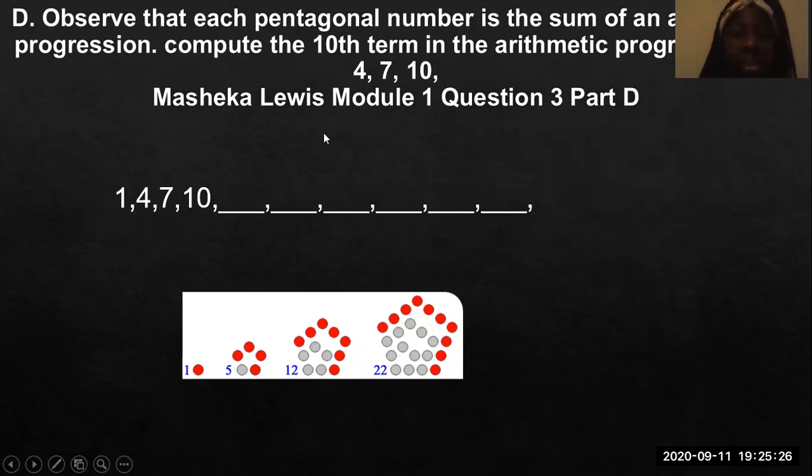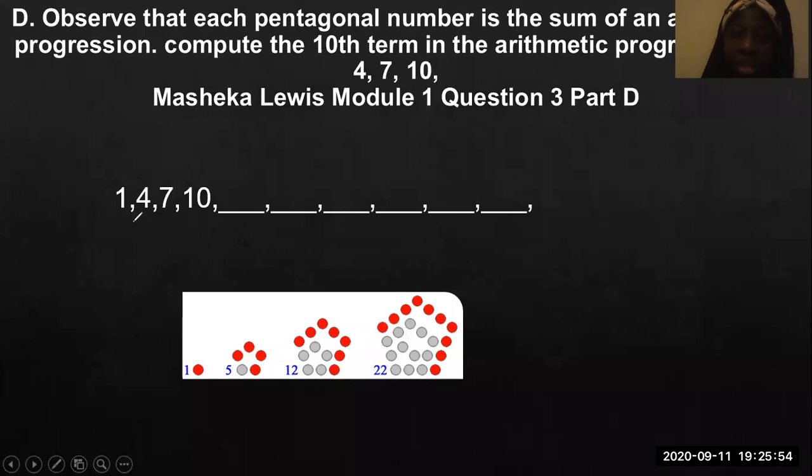Now, let's go to D. Observe that each pentagonal number is the sum of an arithmetic progression. Compute the 10th term in the arithmetic progression 1, 4, 7, 10. We can just use our previous answer.